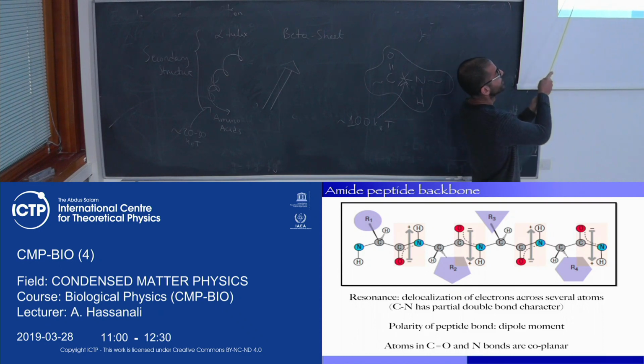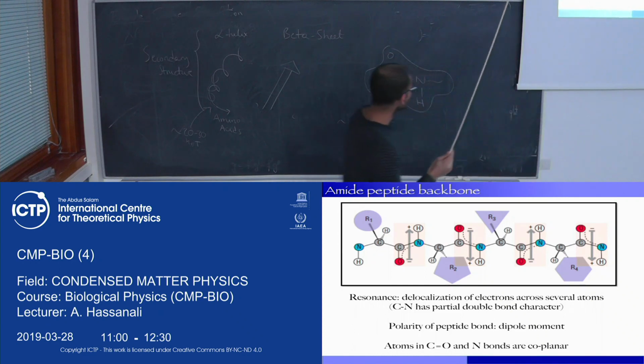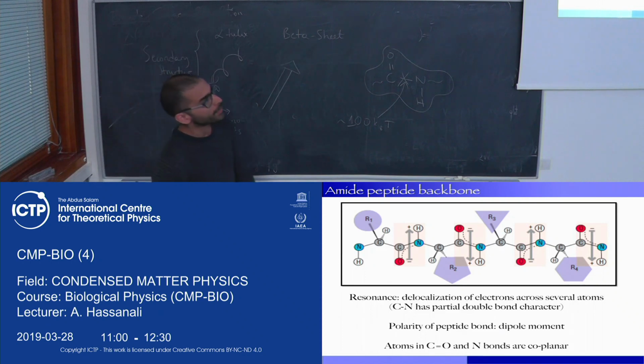This gives a partial minus here, partial positive here, partial positive here, partial minus here. And this leads to bond dipoles that give the total amide bond a macroscopic dipole of the backbone. So it has a large dipole moment.